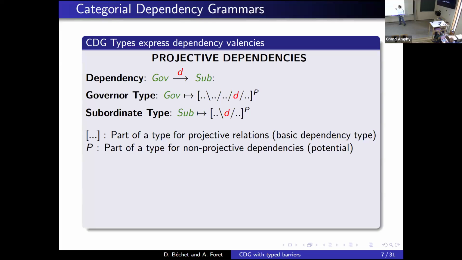And for the governor, we have a left part that corresponds to the left subordinates of this word, and a right part that corresponds to the right subordinates of this word. So, for instance, we have a right part, or a right argument, of the word that corresponds to this type.